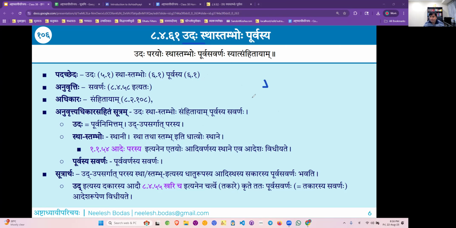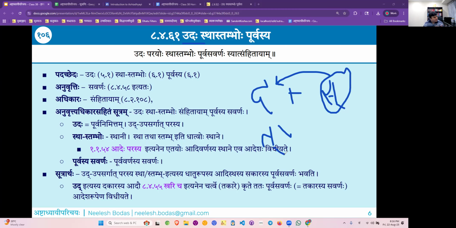The sutram is applicable only in the context of the plus sa; by looking at the sa, khari cha will force the chartvam on dakara and you will have takara. It doesn't really matter, the savarnas of dakara are the same as savarnas of takara. But this is a minor bit in the prakriya that you should remember.